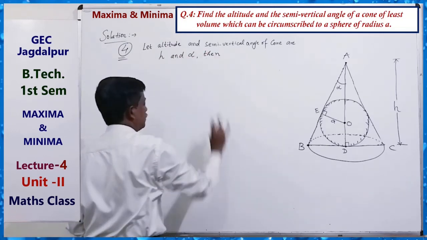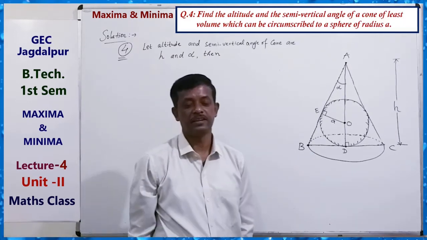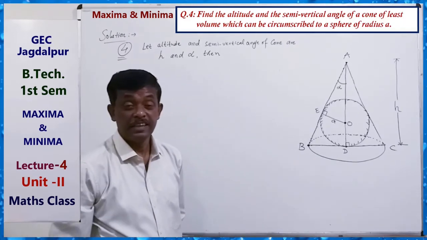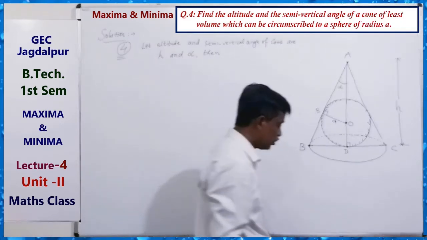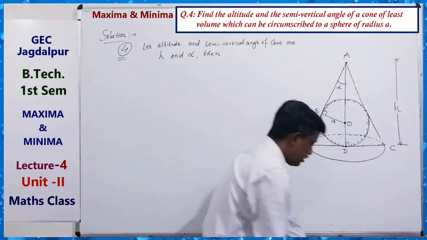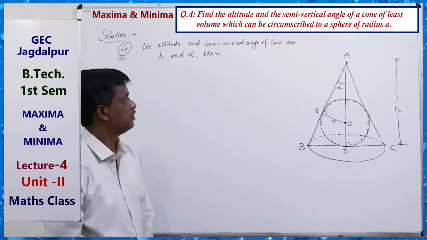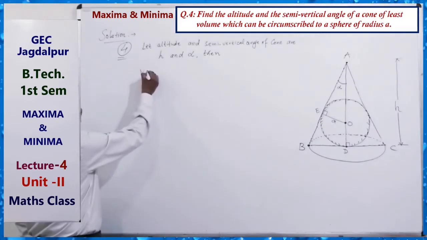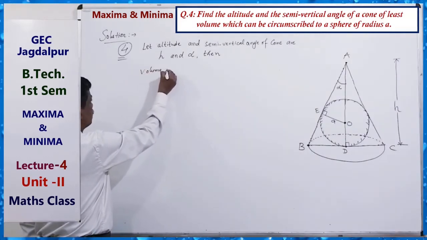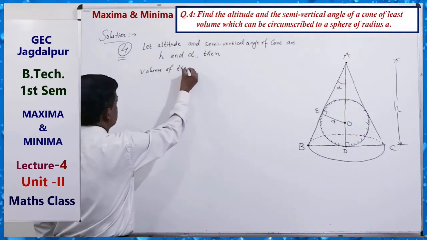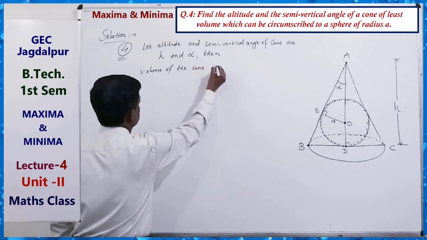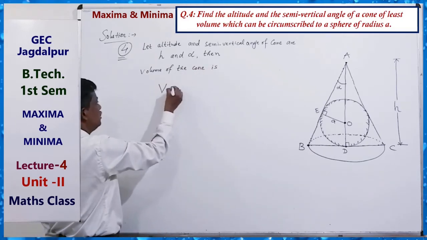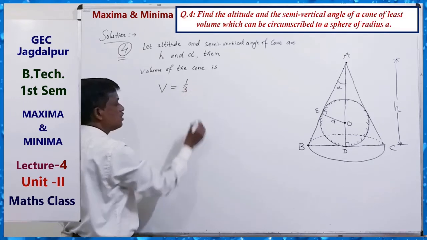Then just we have to make what? The least volume of the cone. Okay, so what is the volume? Then the volume of the cone is V equals 1 by 3 pi r square h.